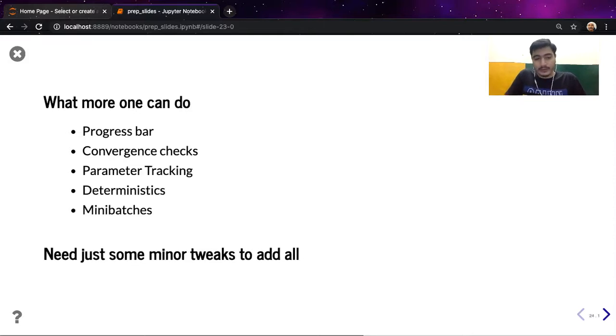Okay, what more one can do inside the TensorFlow code, which we have seen earlier: since we are running optimization for that many number of steps we define, we can have a progress bar, a UI hack for our convenience. One can also look at convergence checks to avoid unnecessarily running the optimization for many iterations. One can think of whether the loss has converged, whether the gradients are stable or not, whether the parameters of the variational distribution have converged or not.